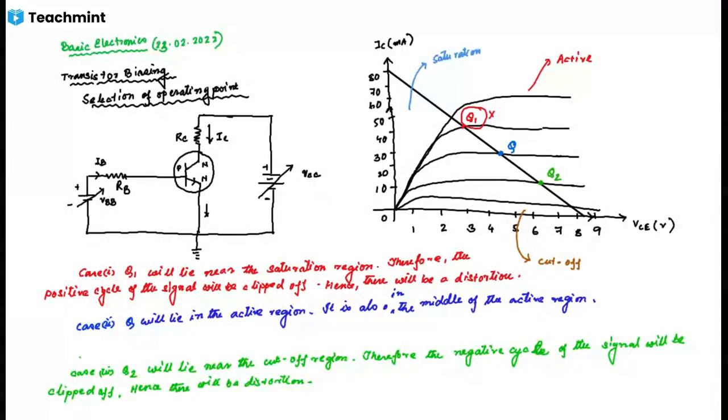So middle of the active region. So therefore, no signal will be clipped off. Hence, there will be no distortion at all.